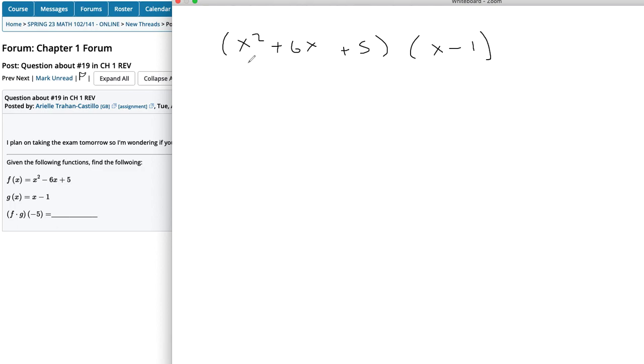And so now this round, instead of doing all this FOILing and combining, that would just be so much extra work. I'm just going to plug my -5 in right here. So this piece is representing f evaluated at -5, and then here's my g evaluated at -5.